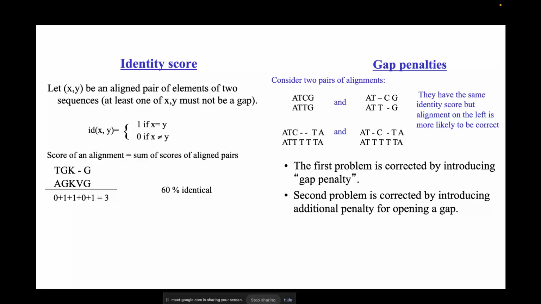So for that, what they do is they correct this by introducing a gap penalty. If you are doing a sequence alignment and you want to introduce a gap inside that alignment, then you have to add a gap opening penalty for that, and also account for how many elements you are using in the gap.